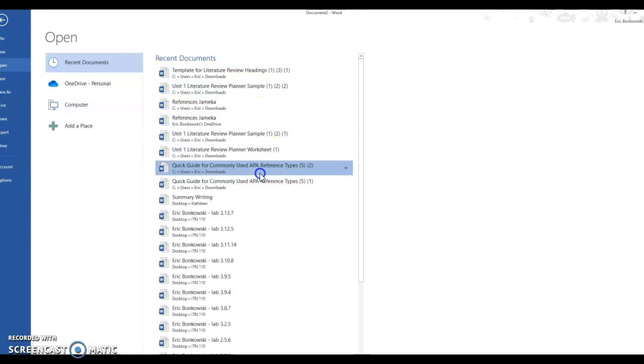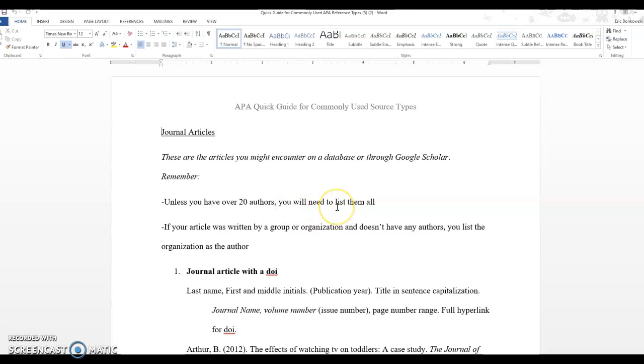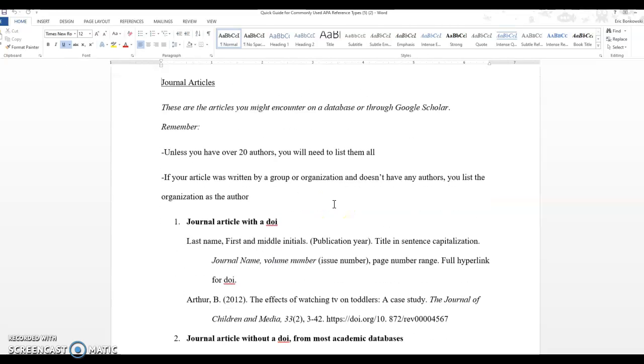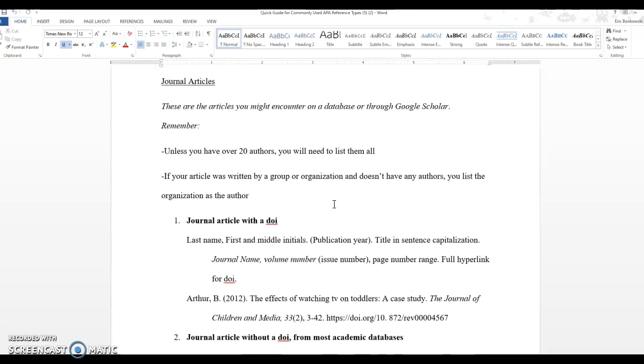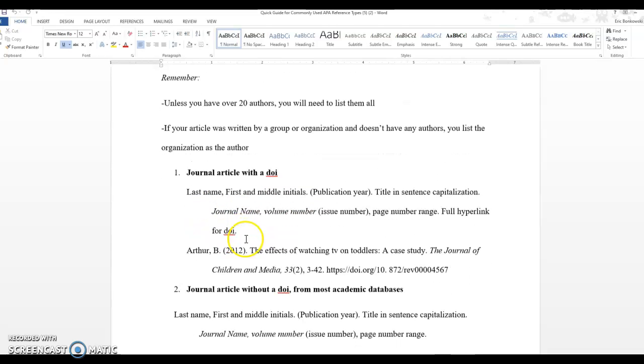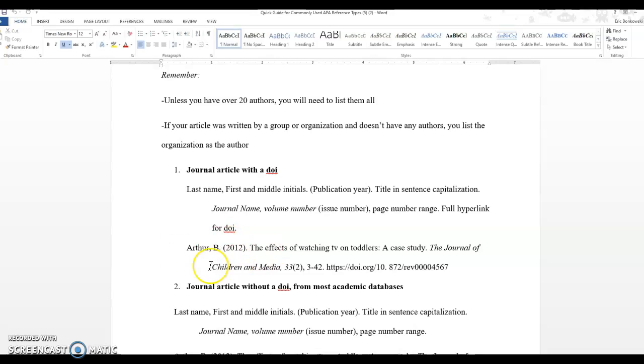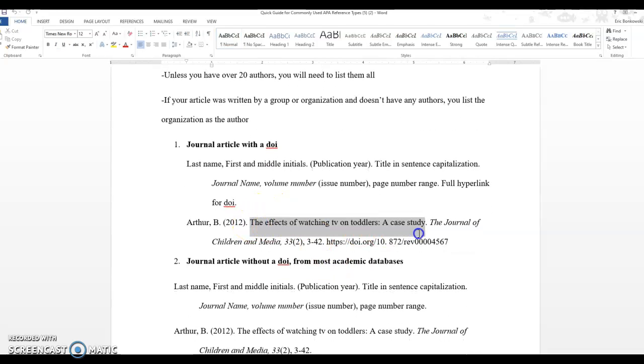There it is. Make sure that you're following this. And you can see that if it's not in all caps here, you don't need to put it in all caps. If it is in italics, put it in italics. If it is in sentence capitalization, leave it in sentence capitalization.